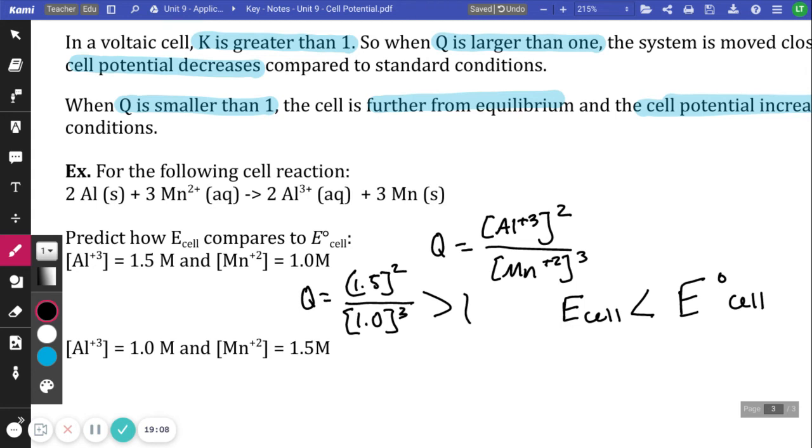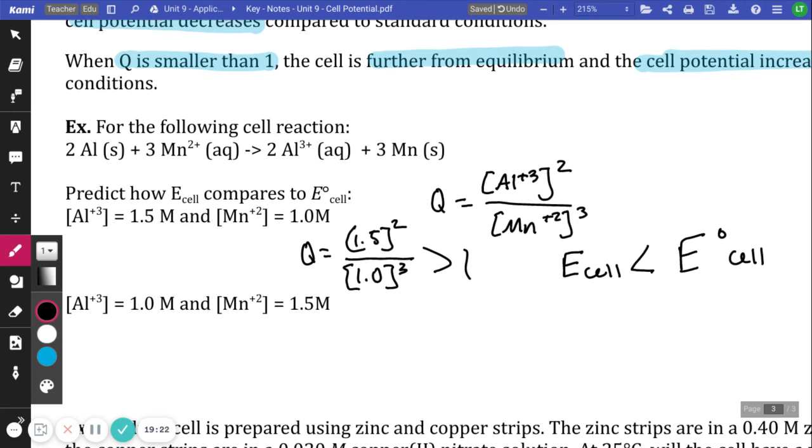Again, it's like we have too many products here, and so we're just closer to equilibrium, and so our cell potential is going to decrease because our Q is greater than 1. So it's closer to reaching that equilibrium, our cell potential is going to be less, and our reaction is not going to run for as long.